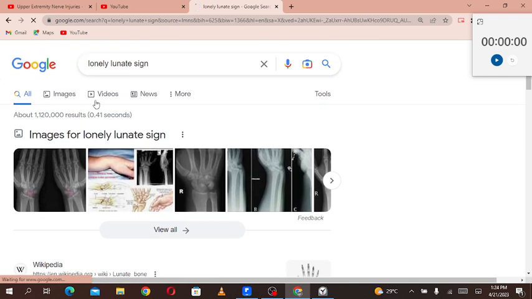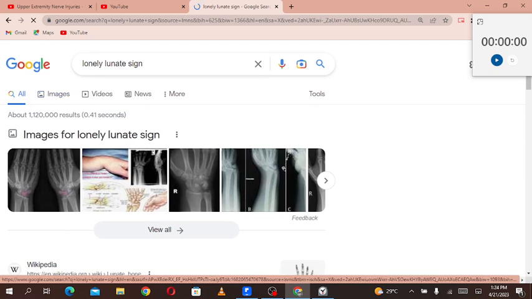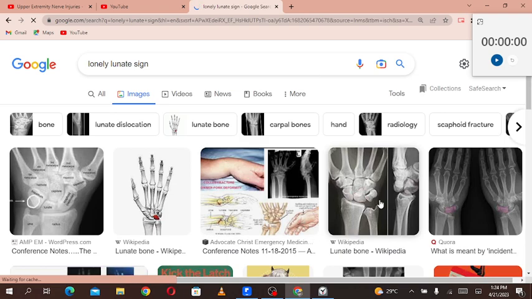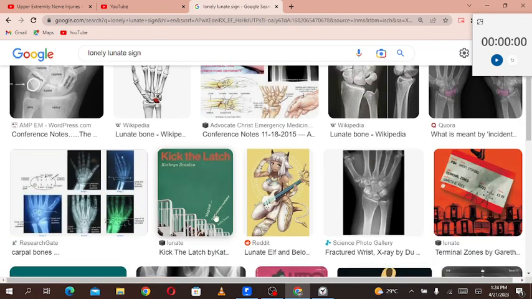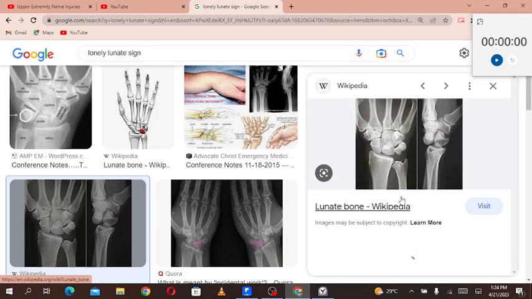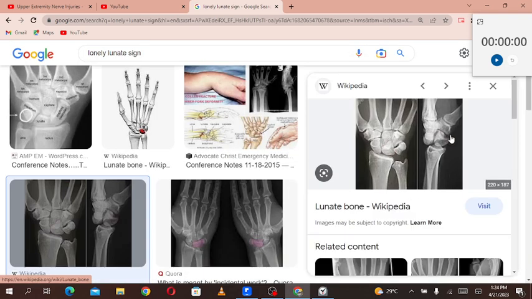I guess the lunate will be present alone somewhere. Okay, I just cannot get it. It looks something like this: the lunate bone is dislocated anteriorly and is compressing the carpal tunnel and so on. So that is the lonely lunate sign, and it is very confusing.